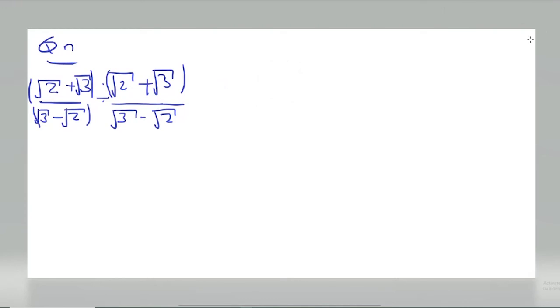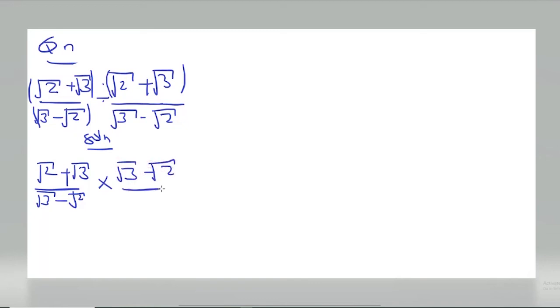Now the solution. This one will be equal to 2 under root plus 3 under root over 3 under root minus 2 under root. Then we multiply by this one, 3 under root minus 2 under root over 2 under root plus 3 under root.